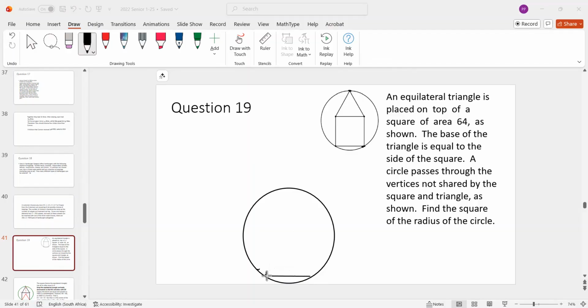So there, then you draw the square. And then you draw an equilateral triangle.